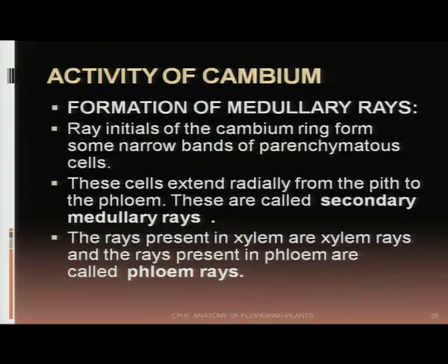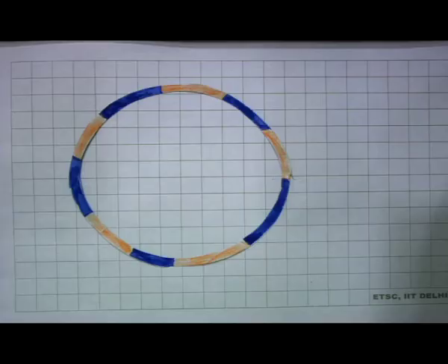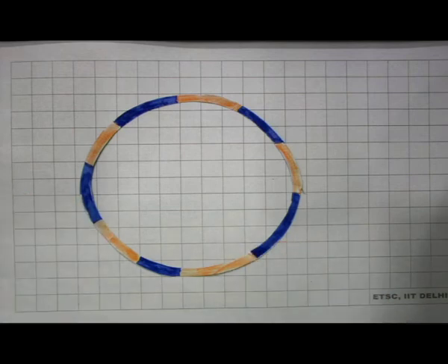Let us perform an activity to understand this phase, these steps of growth, in a different and a better manner. I will now use different colored papers to show different parts of a dicot stem. Suppose this is the initial structure where this ring represents the cambial ring.